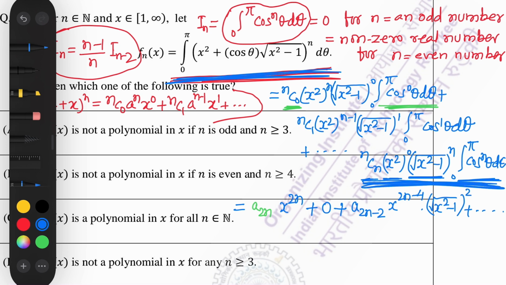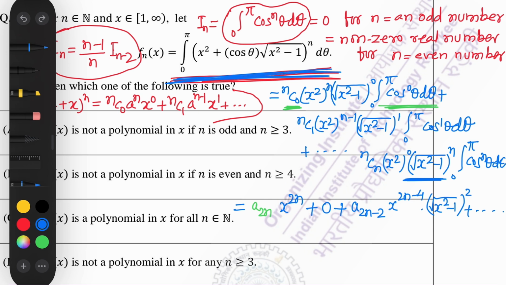Now suppose n is not an even number, it is an odd number, then in that case this will not be a polynomial. Okay, but the integration is 0. When n is an odd number, the integration is 0. So what we get is a sum of polynomials.